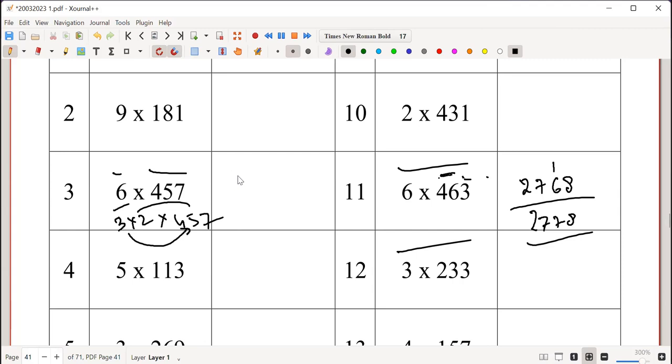If I'm doubling it, I'll be getting 914. If I'm tripling it, it will be 2742. Right? So I can be a fast multiplier, but if I put 2 within my mind, your mind can be very, very fast. Right? Where you have to work will give you better results.